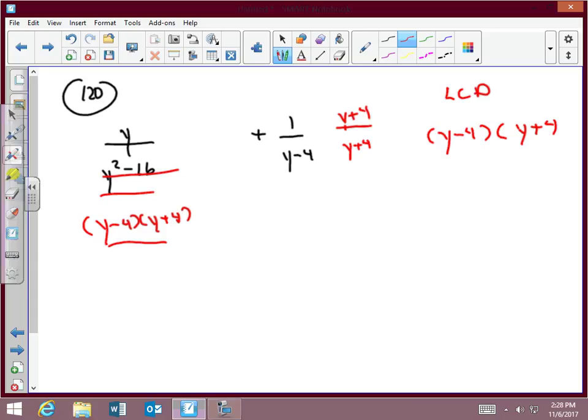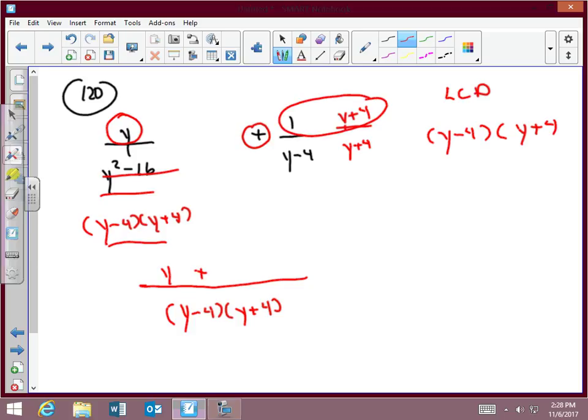Now both of them have a common denominator, right? Y minus 4, y plus 4. This y comes down, that plus sign comes down, and then this thing comes down.